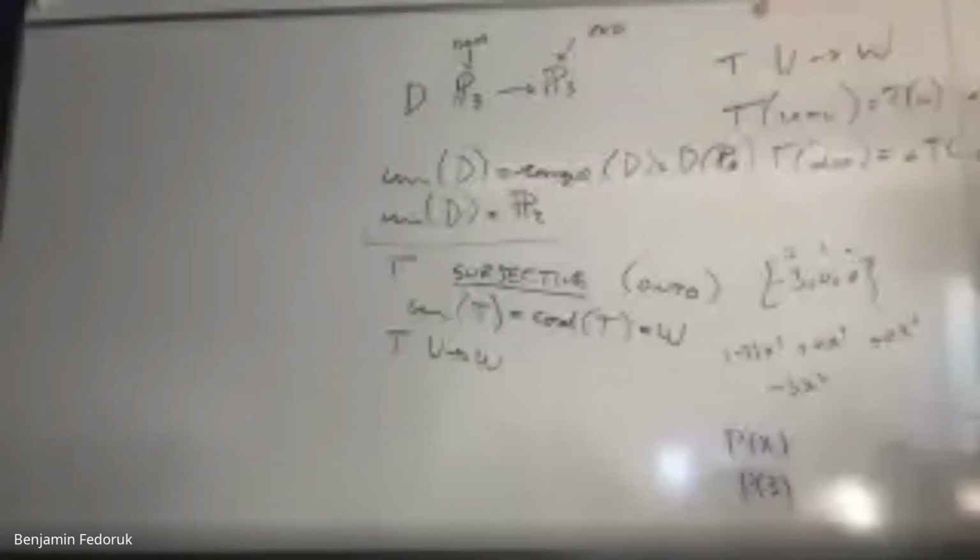There's one more, does anyone know what it's called? One more thing like that. Injective. What does it mean for a function to be injective? So, one-to-one. That means if T of U equals T of V, then that means U equals V. So is D injective?